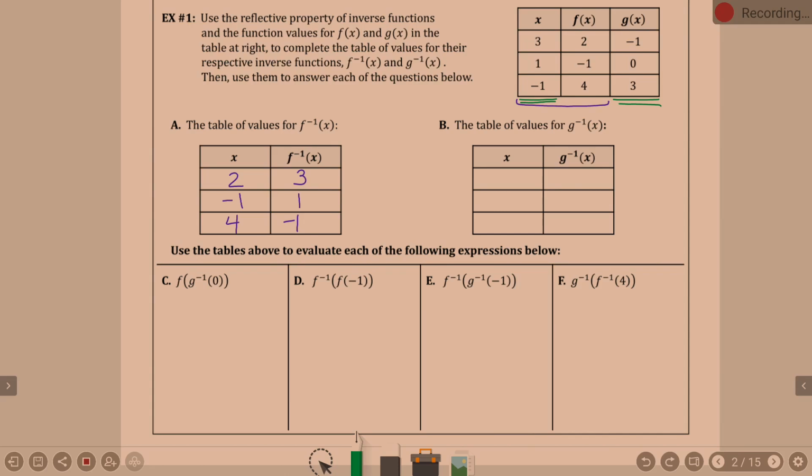So the first point (3, -1) becomes (-1, 3). (1, 0) becomes (0, 1). (-1, 3) becomes (3, -1). Okay, you have your chart there, yes? See what you can figure out about part C.